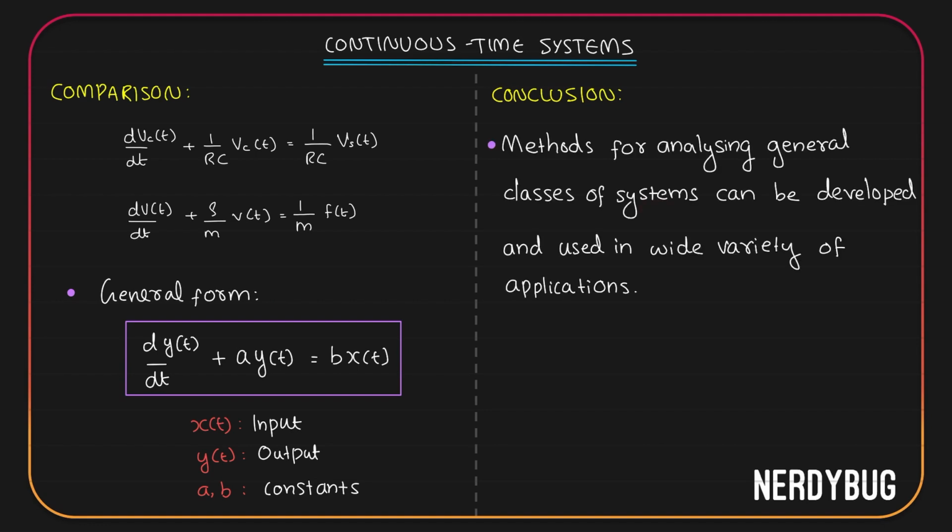Methods of analyzing general classes of systems can be developed and used in wide variety of applications. That is, if I can find out a method to analyze this particular differential equation, then maybe I can analyze lots of systems that can be defined using similar equations.